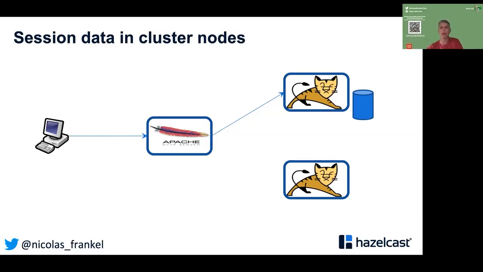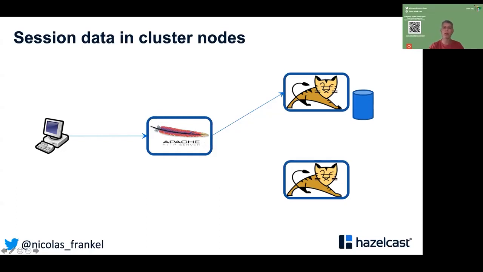It can be Apache, it can be Nginx, it can be anything. The first time there is a request from a machine, it goes through the load balancer. The load balancer has a strategy. It tells, hey, I will be using round robin, or the one that has the least connections, or whatever. And it directs you to one node.